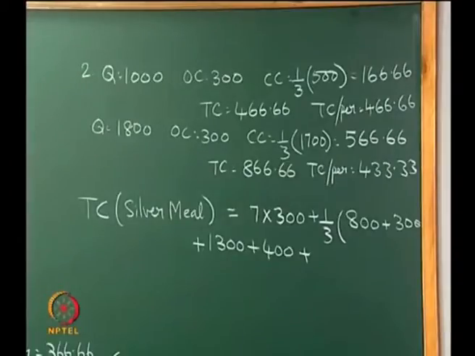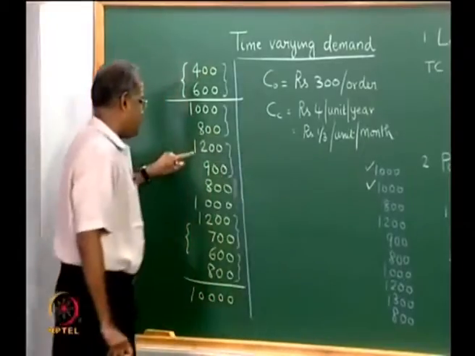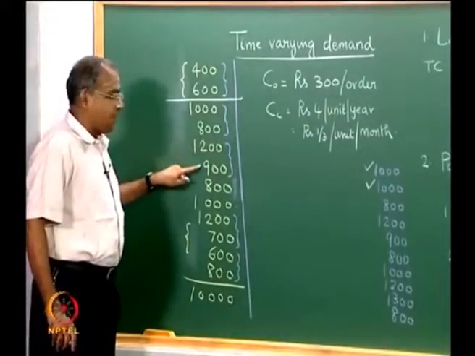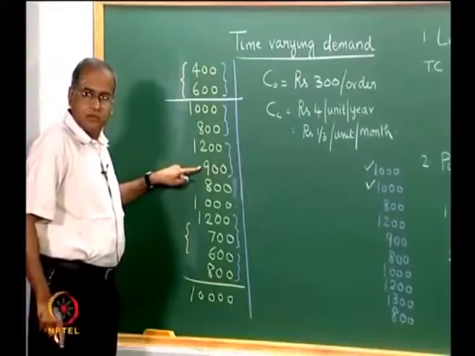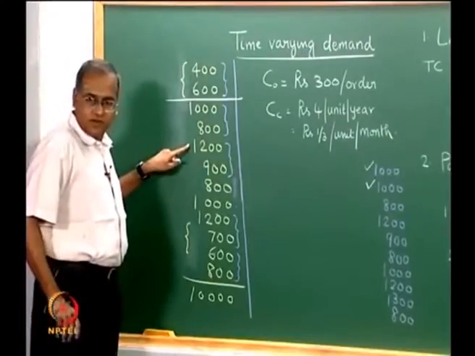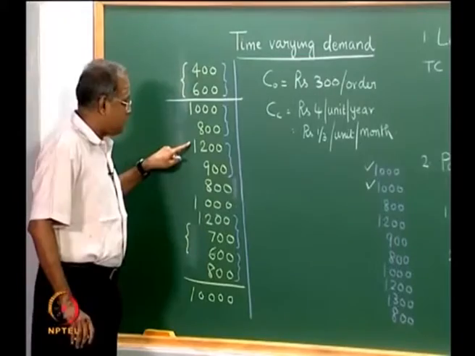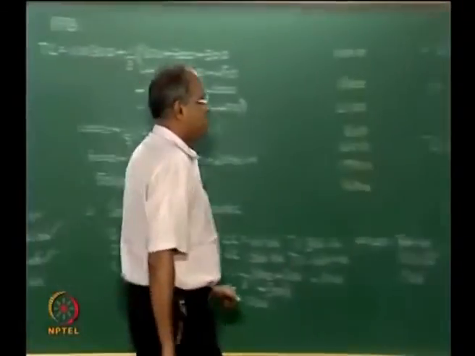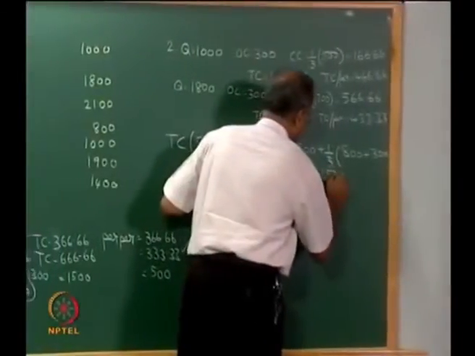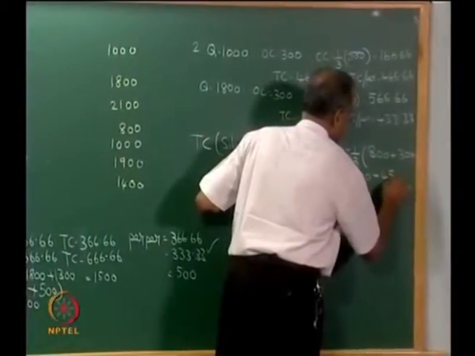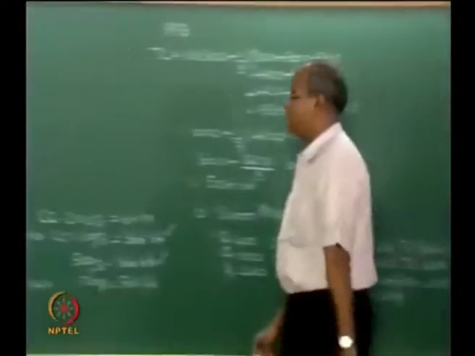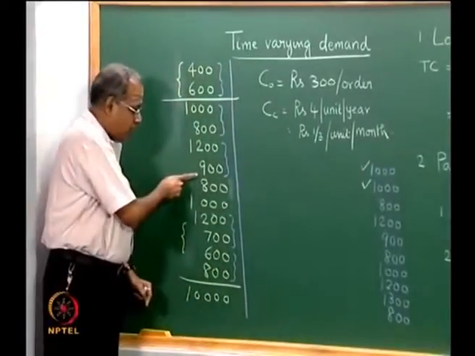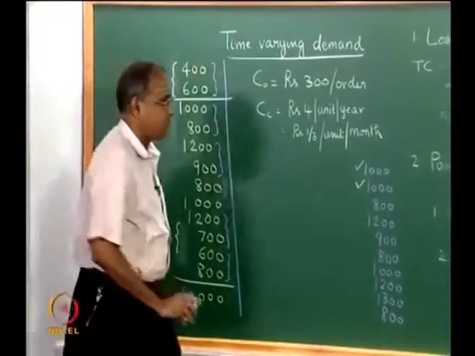Similarly 5 and 6 I am combining. So I begin here with 2100 and I end with 900. 3000 divided by 2 is 1500. 1500 plus 450 is 1950. So 1500 plus 450. Keeping this separately, this is 400, this is 500.